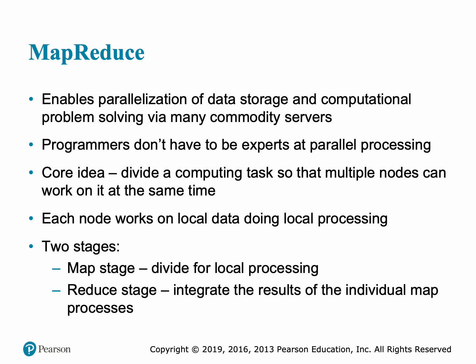This phase is inherently parallel and can be executed independently on different chunks of data across multiple nodes in a cluster. The reduce function then takes the output from the map function and combines those intermediate data tuples into a smaller set of tuples, typically by aggregating values associated with the same key. This two-step process allows MapReduce to efficiently handle large-scale data processing tasks by leveraging the distributed computing power of a cluster.